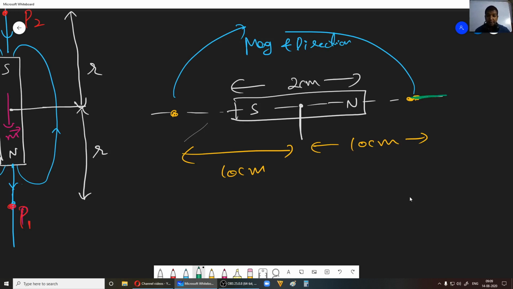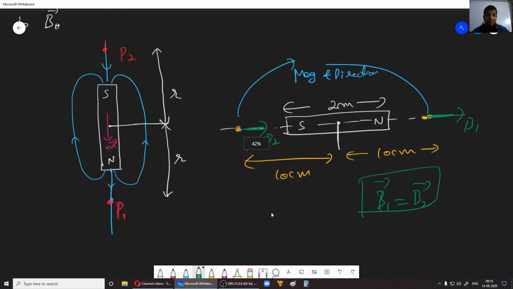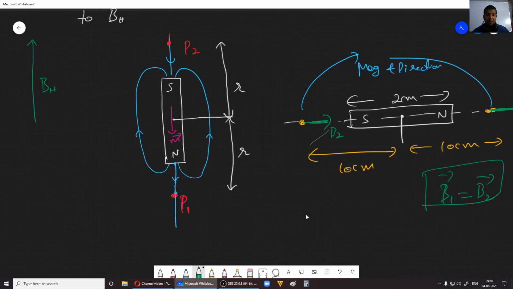So you can say B1 is this way and B2 is this way, so B1 is equal to B2, no doubt in that. You can even check. Last class we dealt with this, the magnetic field due to a long bar magnet.